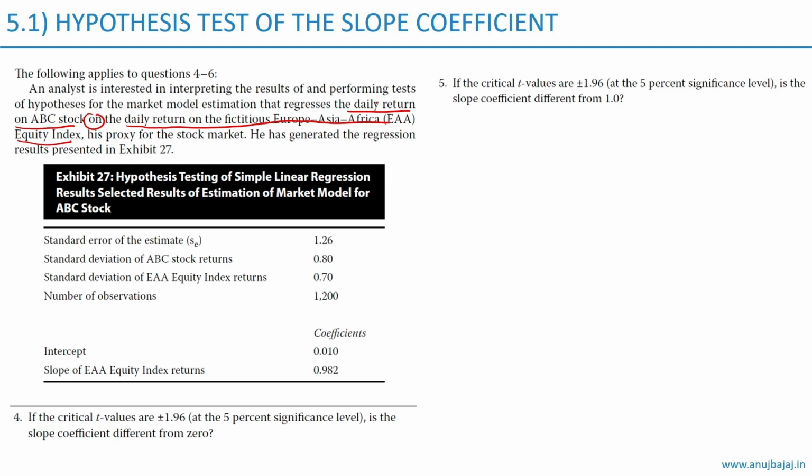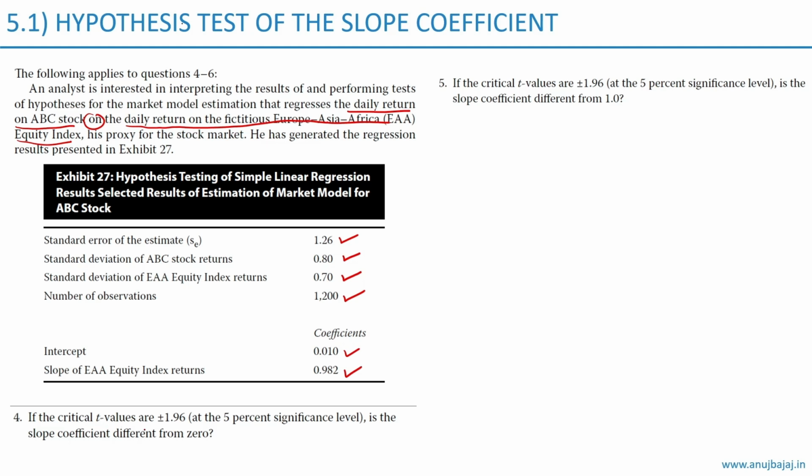So here the daily return of the ABC stock is regressed on the daily return of the EAA equity index, meaning the daily return of the ABC stock is the dependent variable and the daily return of the EAA equity index is the independent variable. So we have the standard error of estimate, the standard deviation of the dependent variable, the standard deviation of the independent variable, the sample size, and these are the coefficients.